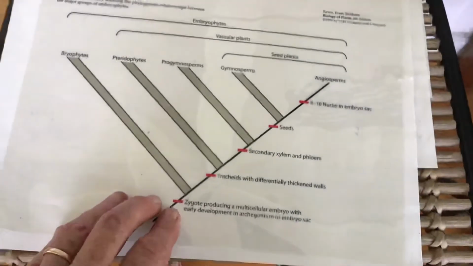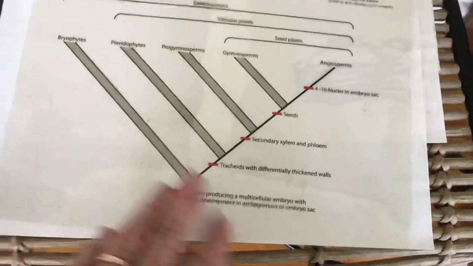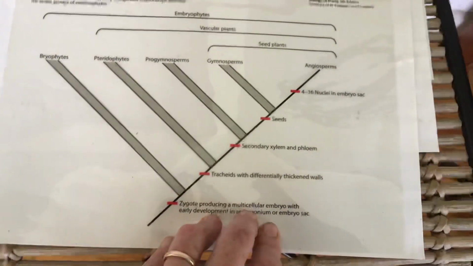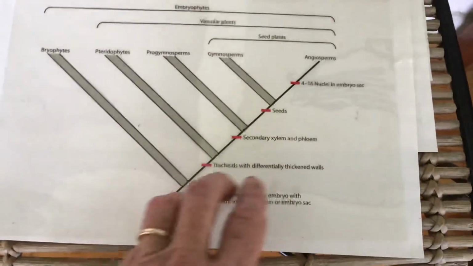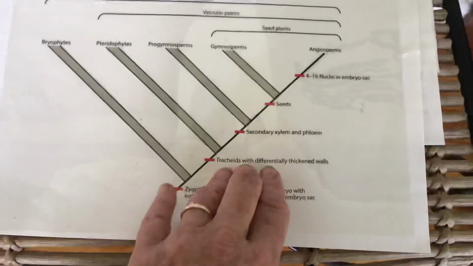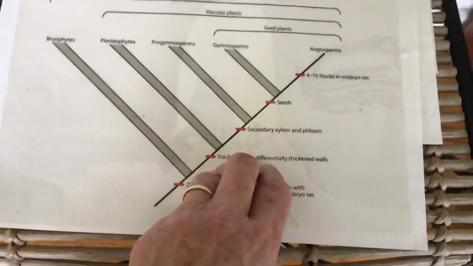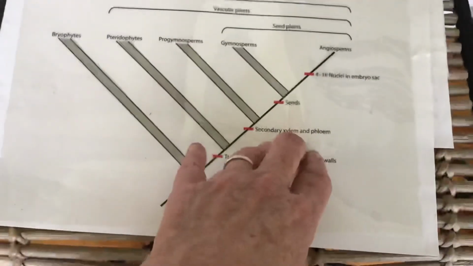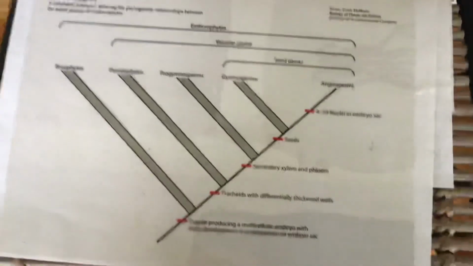Anyway, that happened first as one of the evolutionary trends before any plants could go on land, because you had to protect the reproductive parts from drying out. But the next things were tracheids, which were the small tubes, and then as you got into even higher level plants, you had to have fatter tubes, and then you had to have seeds in order to go into the seeded types of plants.